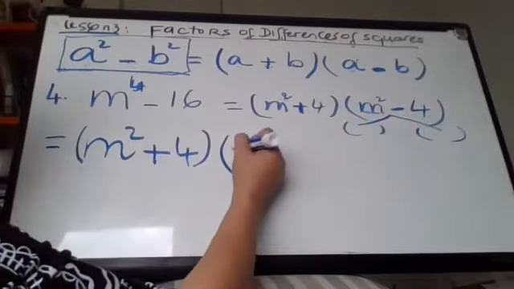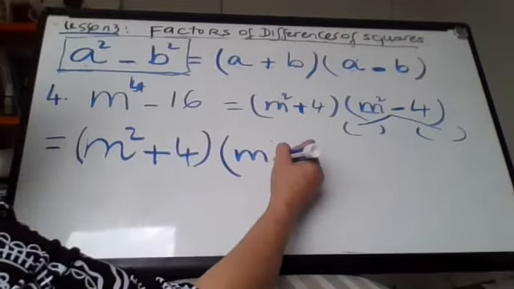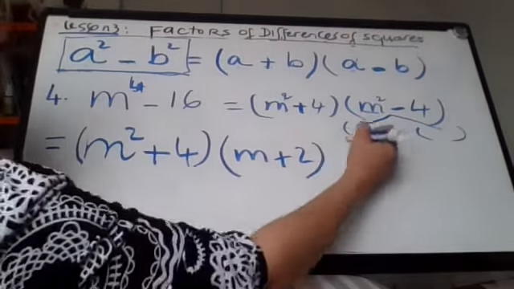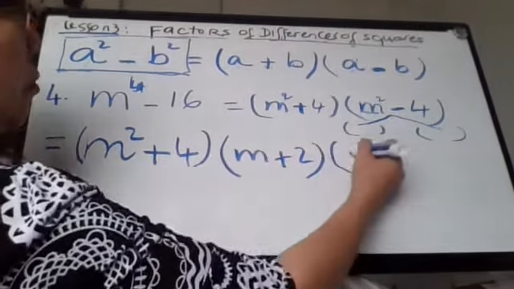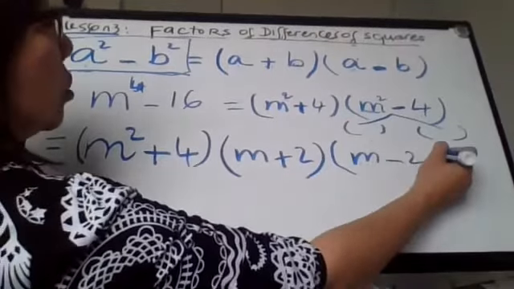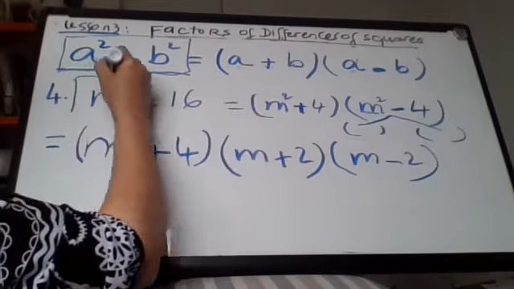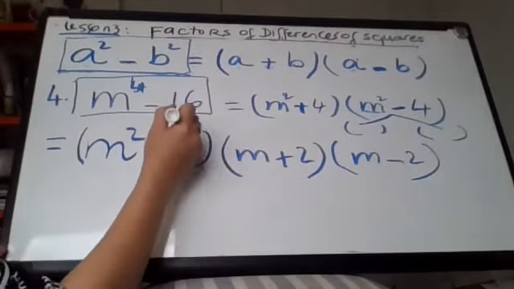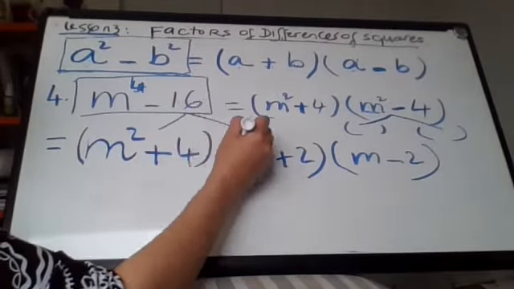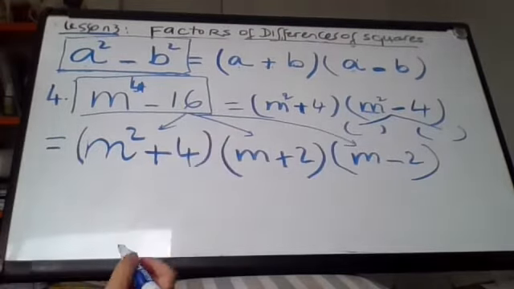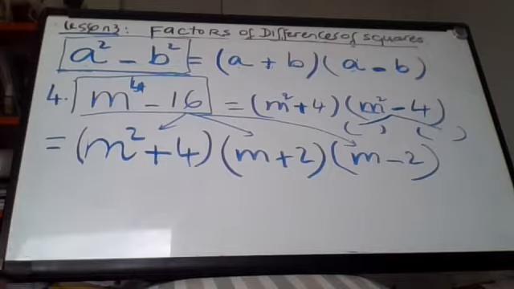So this one now will become a plus b, which is m plus 2, right? Times a minus b, which is m minus 2. So now this whole thing, you can break into 3 brackets instead of 2 brackets like we usually do. And that's what we call completely factored, okay?